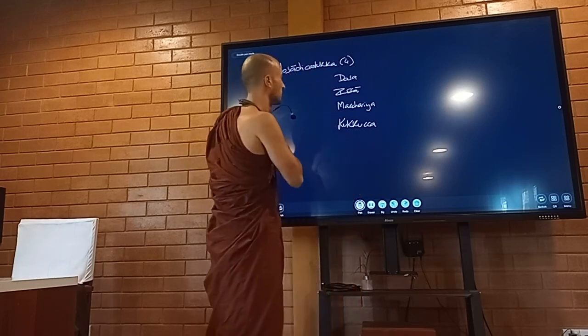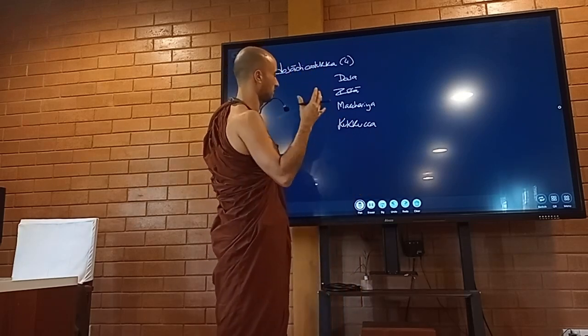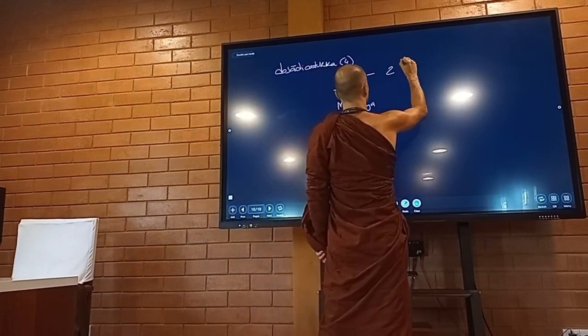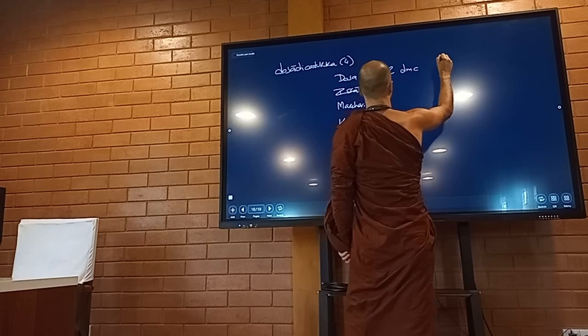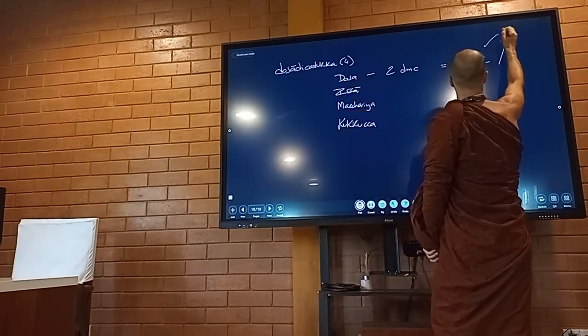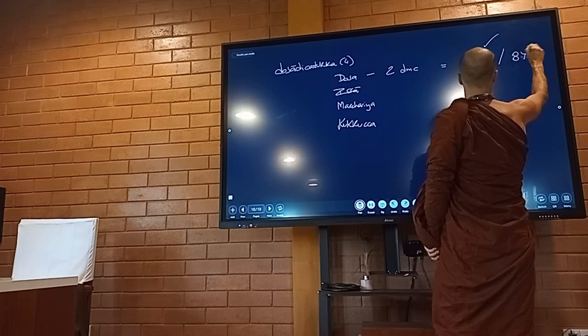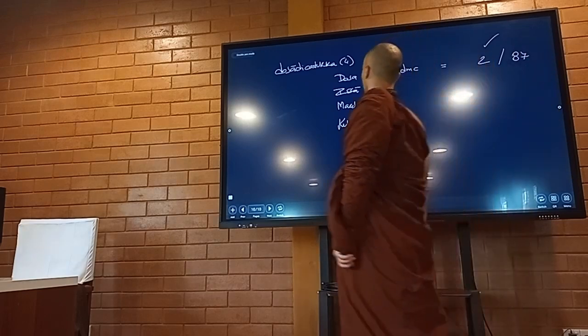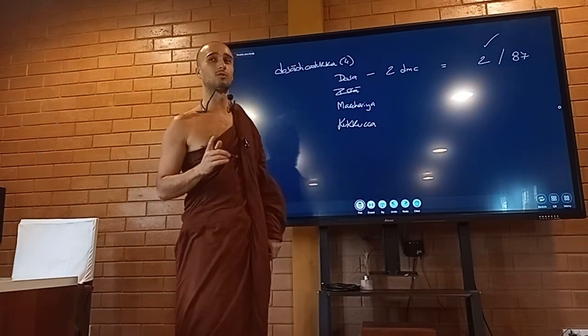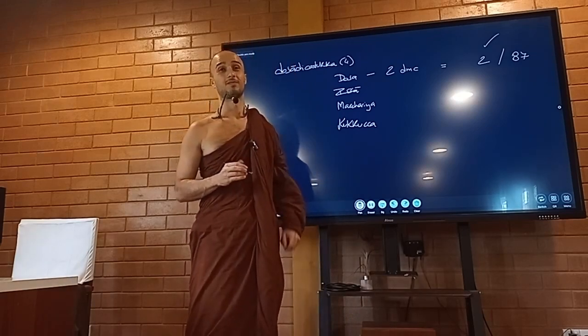Now, let's see. Dosa arises in 2 dosa mula citta. Easy. It arises in 2 cittas, does not arise in 87. Very easy. Naya.